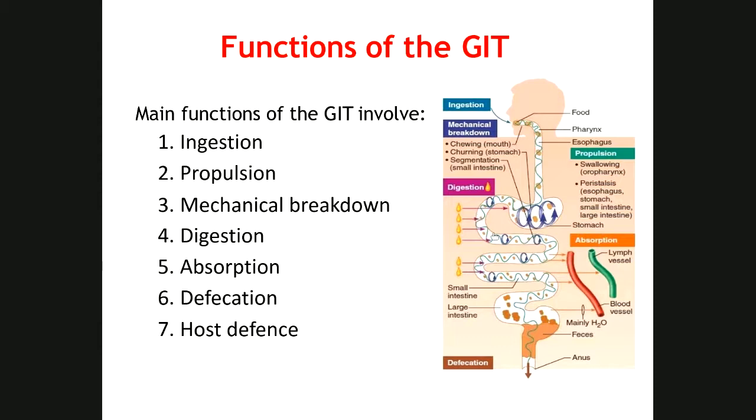Starting from the second part of the small intestine, the jejunum, the important majority of absorption begins. So after all this digestion, absorption happens in the small intestine. There is some digestion, especially in the beginning, and most of the absorption happens in the later two parts, the jejunum and the ileum.